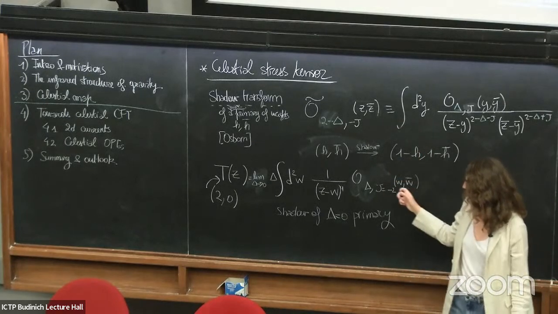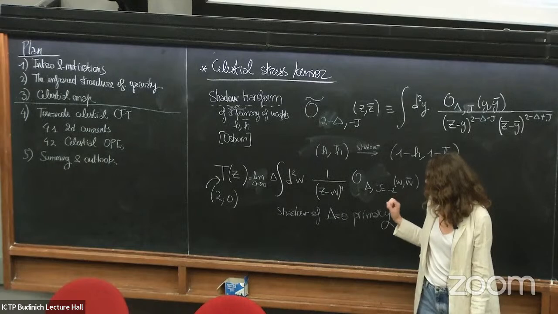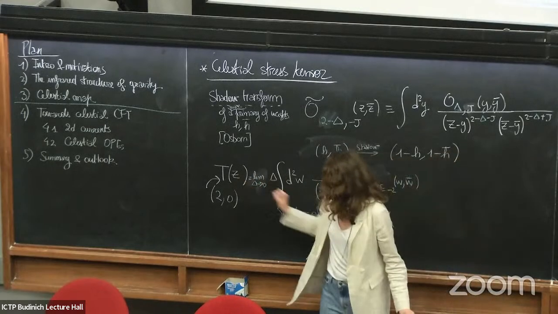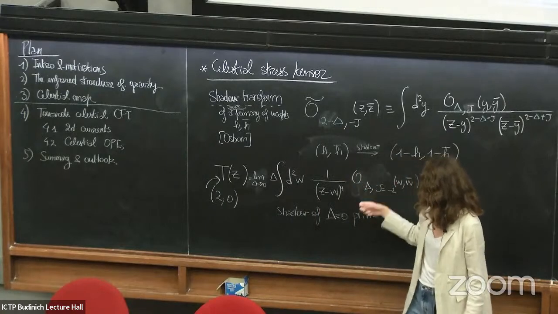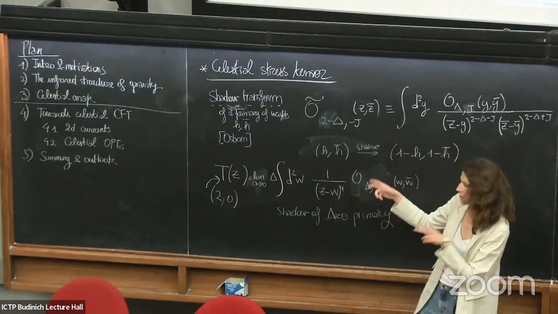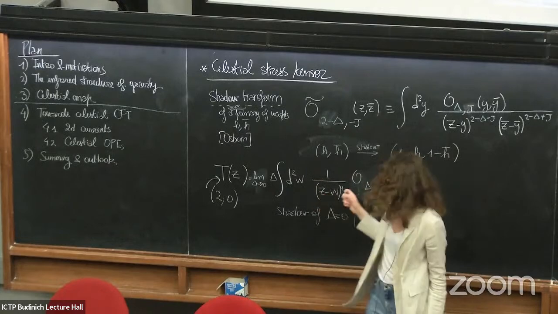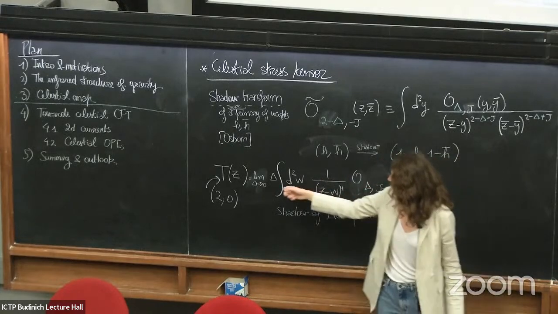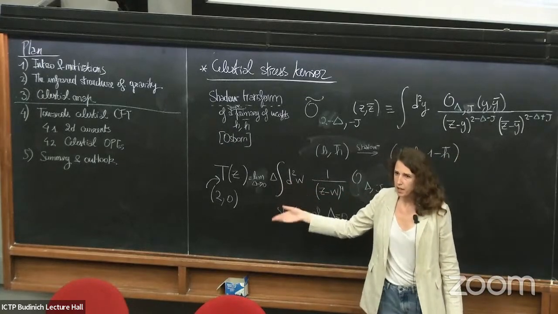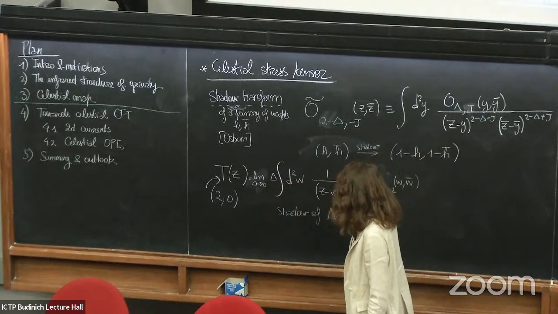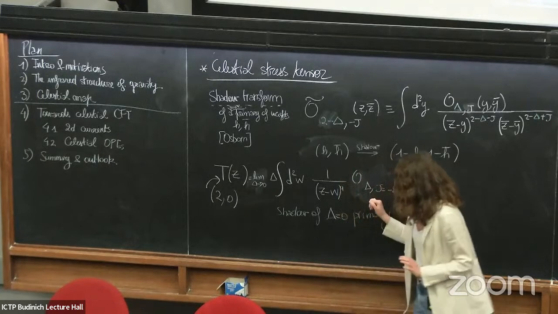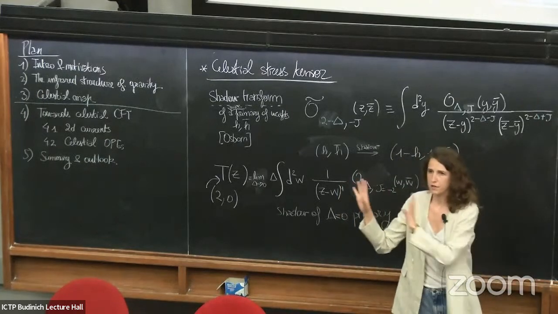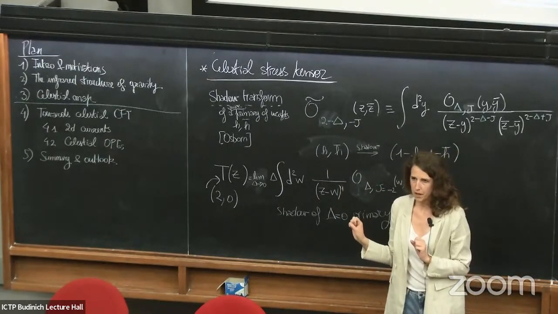And so what I'm saying is that the stress tensor is related to the operator which inserts a conformally soft operator because delta takes some specific values. But secretly, you can see that it's equivalent to inserting a soft graviton.